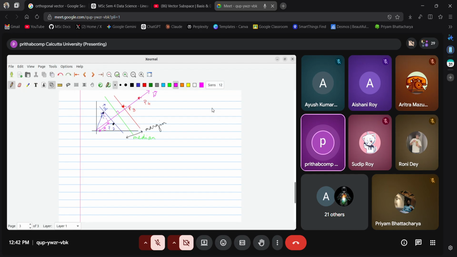So this length I am calling C. Note that this distance is going to say something about where this point P1 lies with respect to, not exactly the median line, but this vector W, which is perpendicular to the median line.